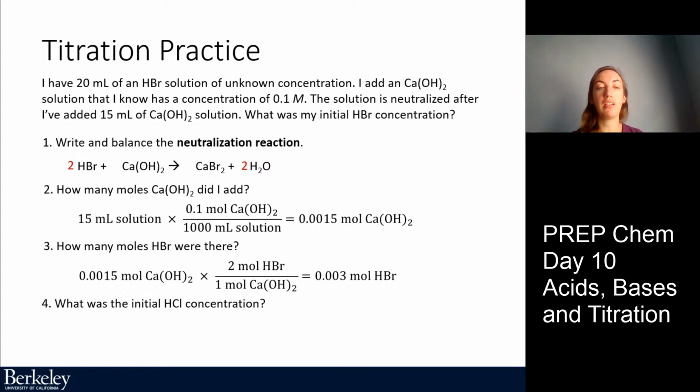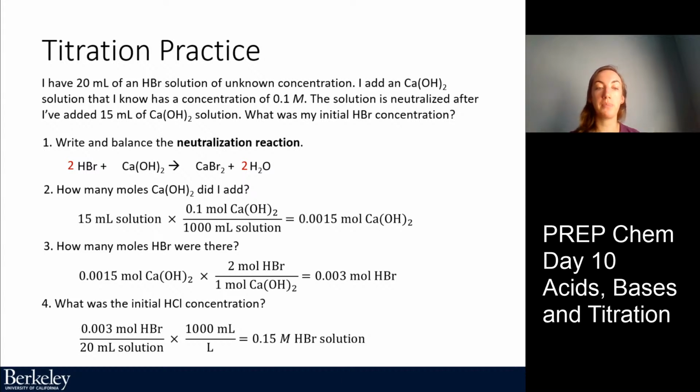So then I can figure out my initial HBr concentration. Sorry, more typos. I want to know my initial HBr concentration. I had 0.003 moles of HBr, and initially I had a 20 milliliter solution.